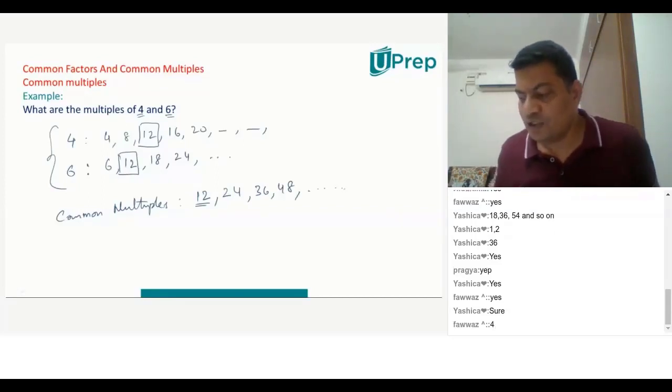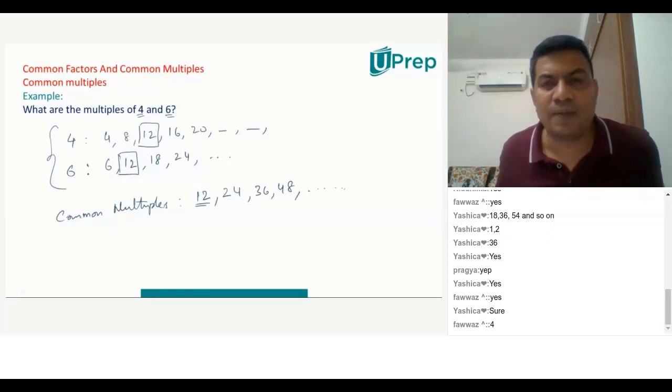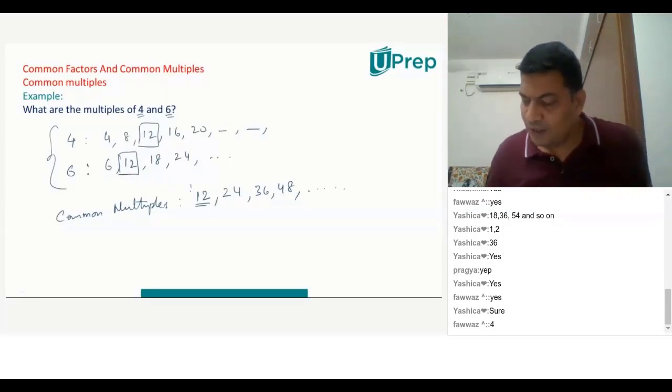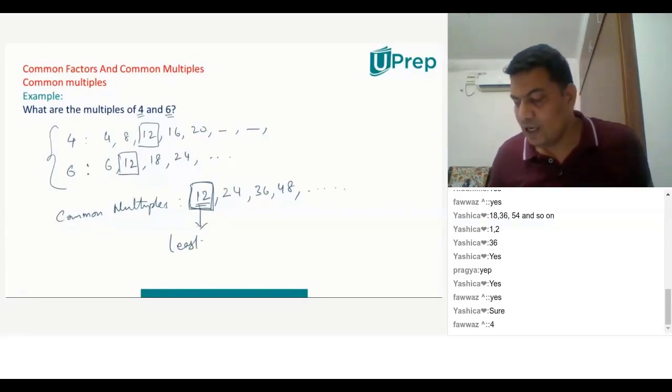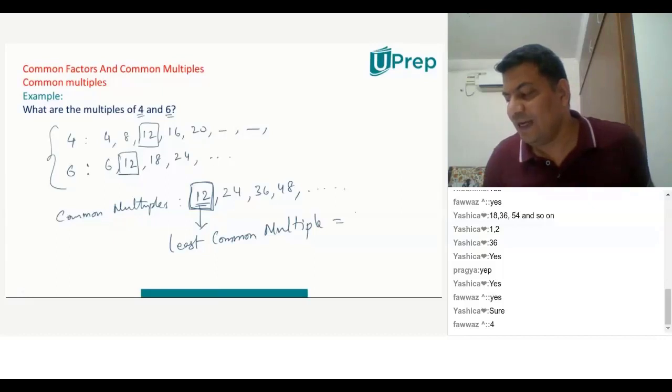So if you look at common multiples, once you get the first common multiple, which we call the least common multiple, very good, that's how we understand what is called LCM, least common multiple.